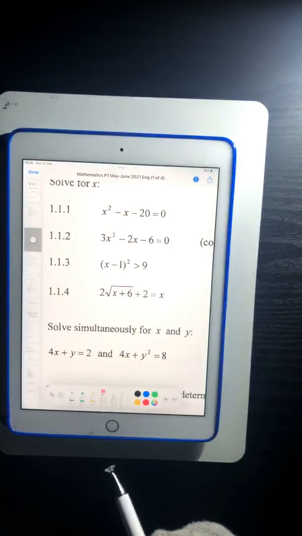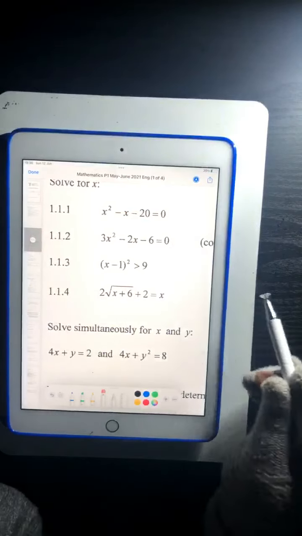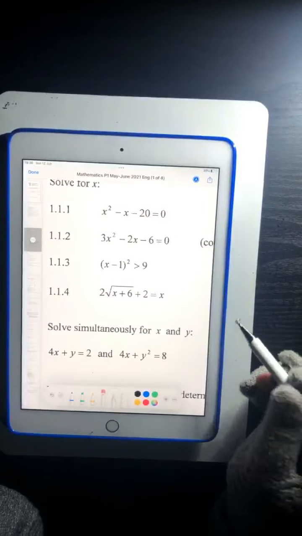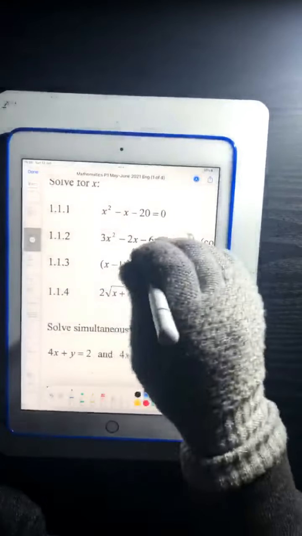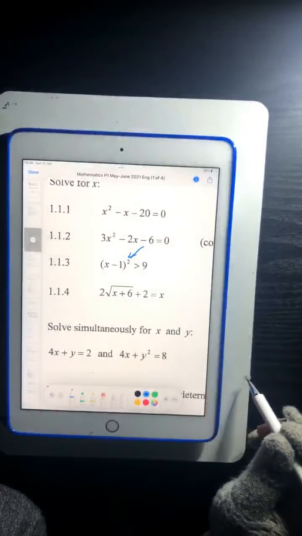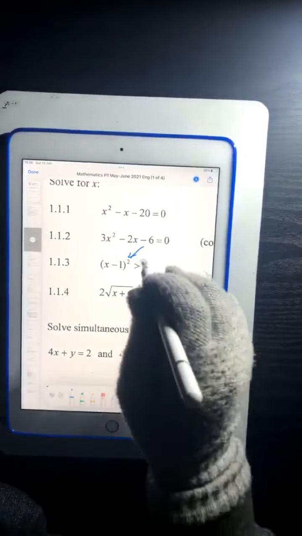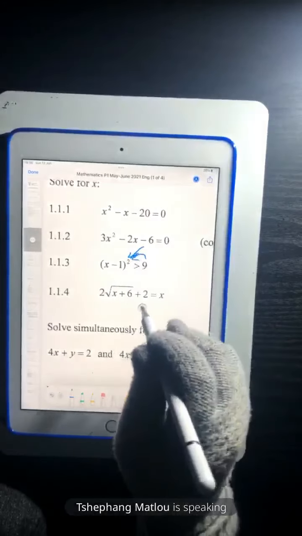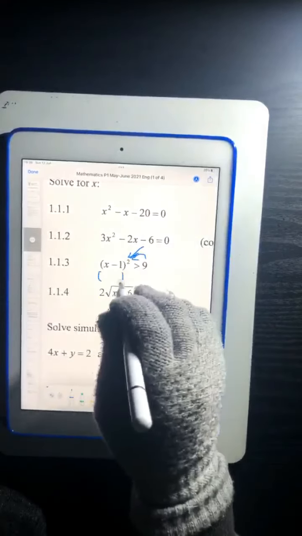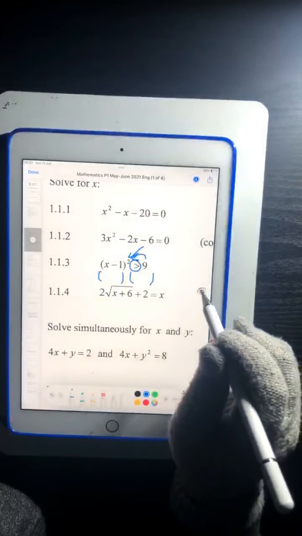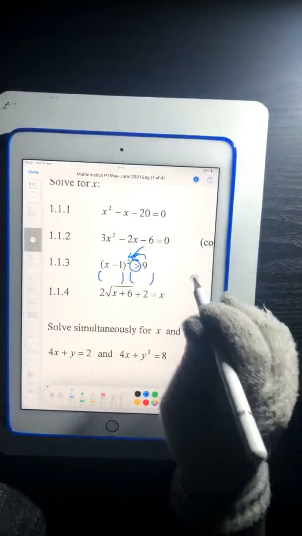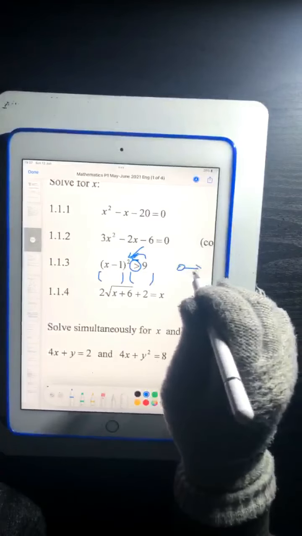Yes. Okay, so because of that, then already we notice it's a quadratic, isn't it? Quadratic, yes. Then you are going to transpose, write it in the standard form, and then you find the critical values. And if your final answer ends up having that greater than there, then you know how to work it out, isn't it? Yes.